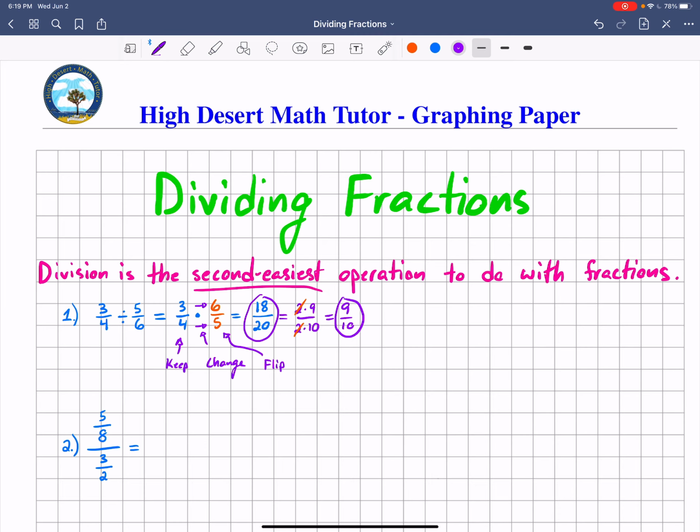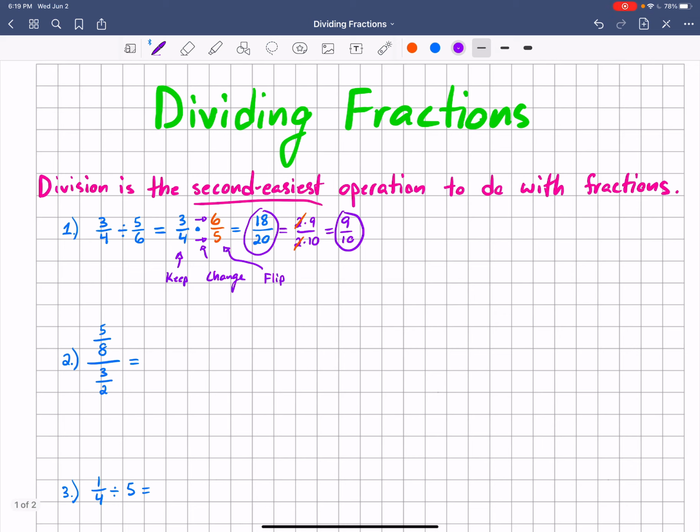And number 2 below is a good example of something that may initially catch you off guard and seem to be overwhelming. So what we have here is 5/8 divided by 3/2.